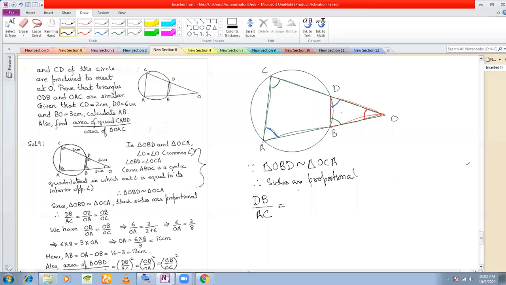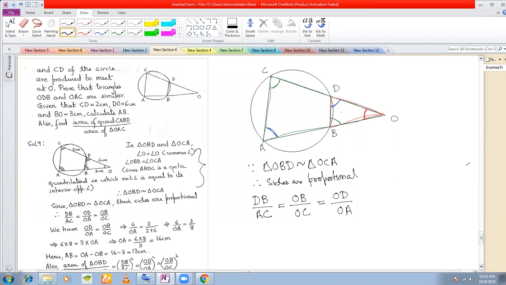Opposite to the blue angle in the smaller triangle, you have the side OB. Opposite to the blue angle in the larger triangle, you have the side OC. Next, the green angles. Opposite to the green angle in the smaller triangle, you have the side OD. In the larger triangle, opposite to the green angle, you have the side OA. So this is how we write the proportional sides.